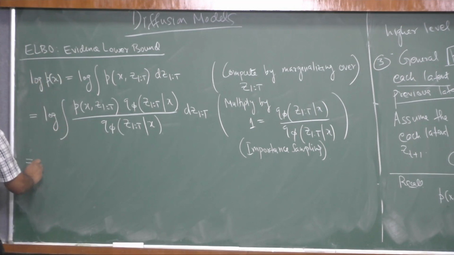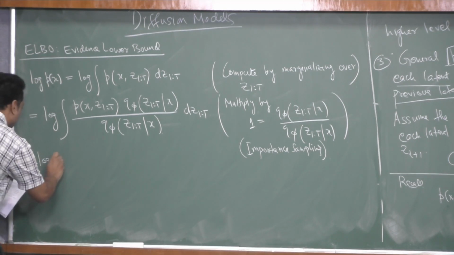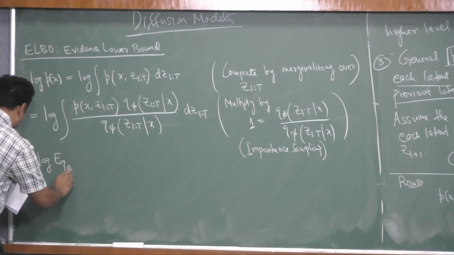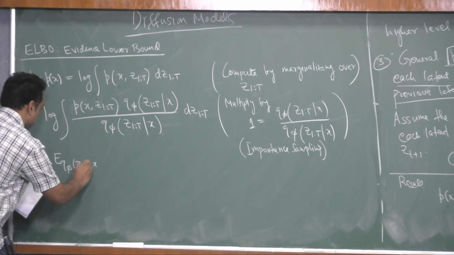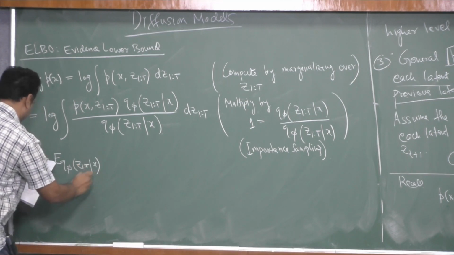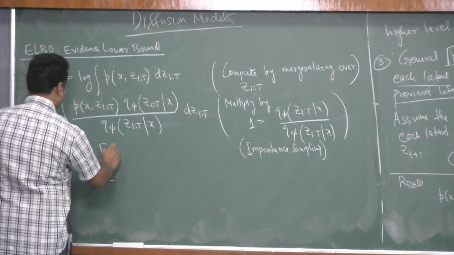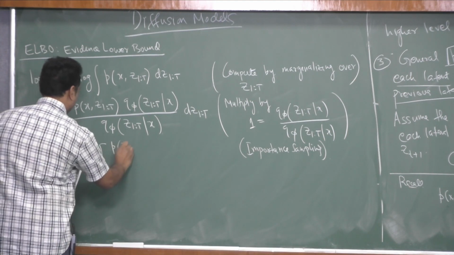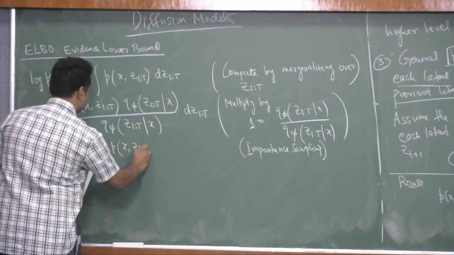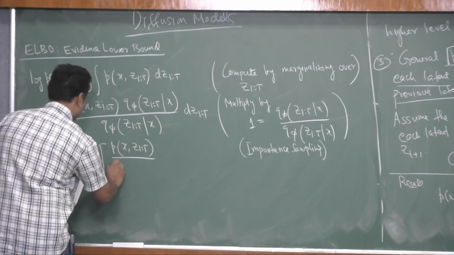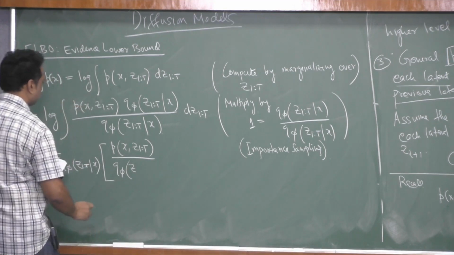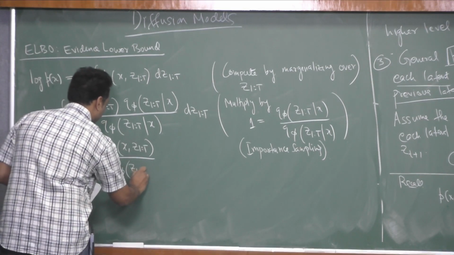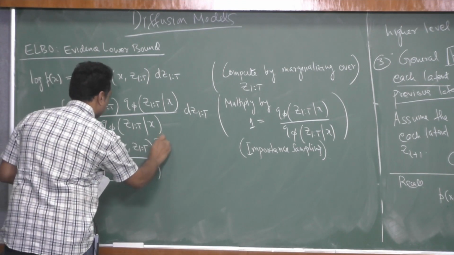So now I can replace this integral as log of expectation over q phi z1 to t given x of p of x z1 to t divided by q phi z1 to t given x.